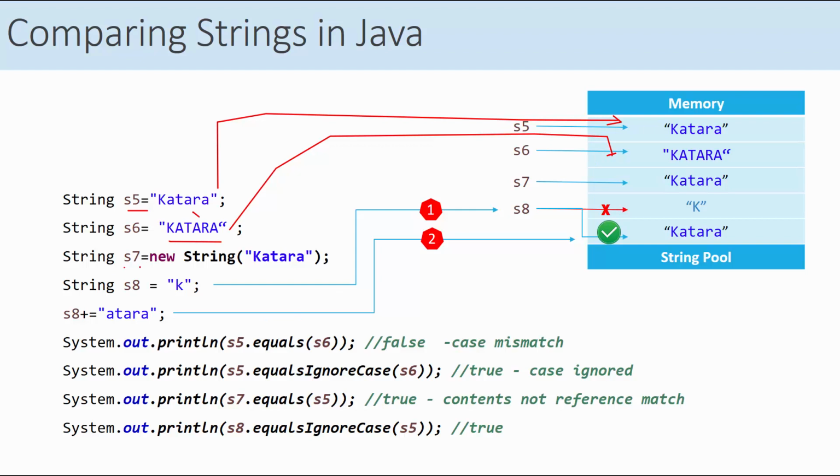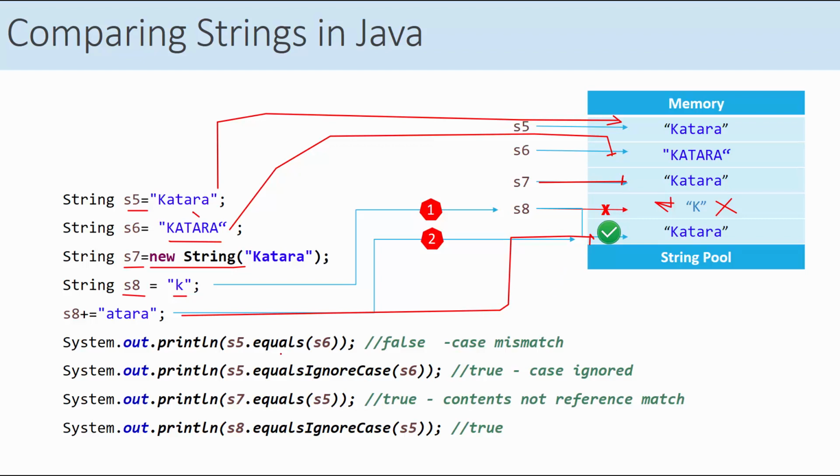S7 is created using the new operator, and a third reference is created in memory. S8 is created again with a K first, then S8 is modified. If it's modified, it will no longer point to this; it will point to a new reference. So now you have four strings and they have four different references.